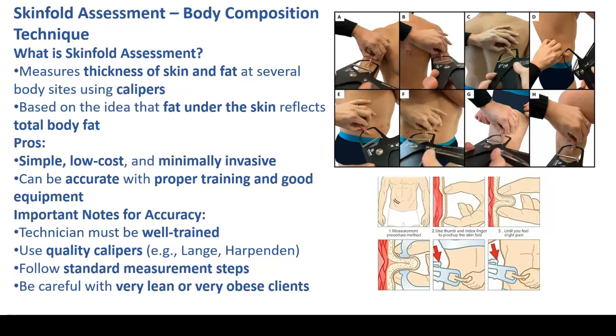And how accurate is it? They usually have a small error, about 3 to 4%. For example, if you are told that your body fat is 18%, the real number might be between 14 and 22% because of the error.